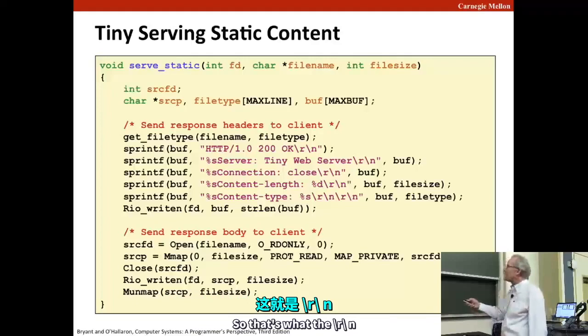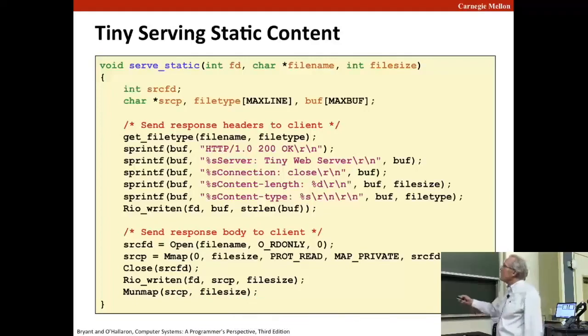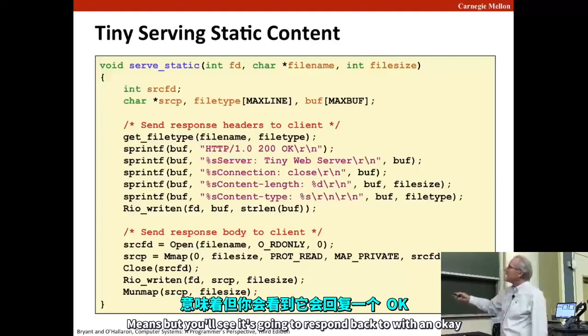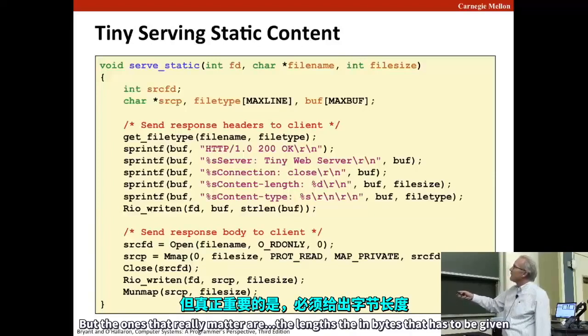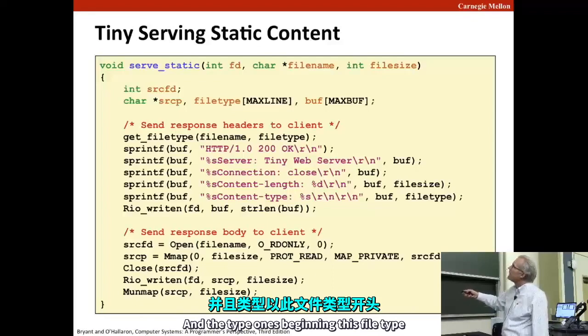So that's what the \r\n means. But you'll see it's going to respond back with an OK, and some of this kind of information that's not very exciting. But the ones that really matter are the length in bytes that has to be given, and the type.